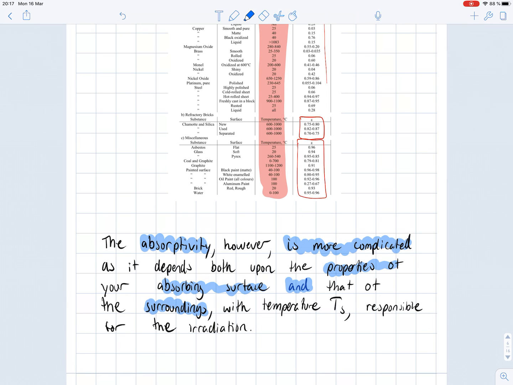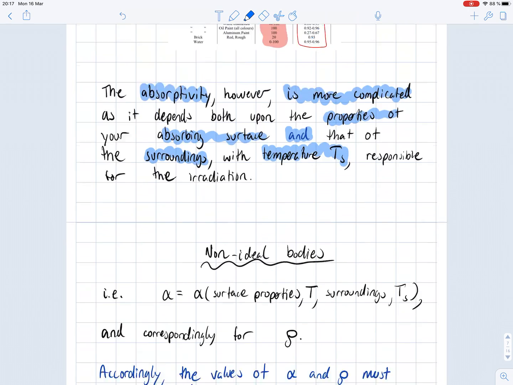And of course it doesn't depend only on that, it also depends upon the temperature of the surroundings, because that's where the radiation comes from. So you have to remember the history or the origin of your radiation in order to treat it correctly as it arrives on the surface.